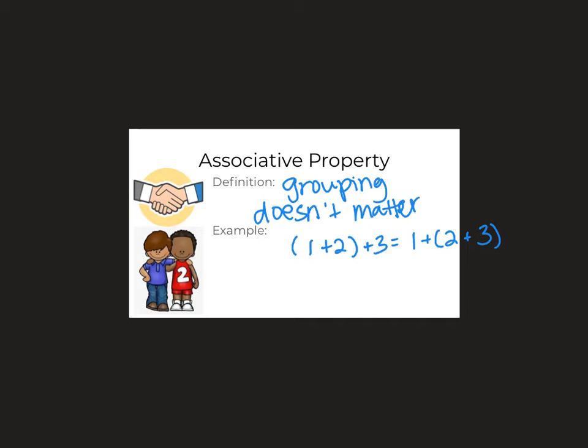And then also this does go for multiplication too, so we can just use the same numbers here. And when a number is right outside of a parenthesis with no space or anything in between, that does mean to multiply. So here the grouping does not matter. And if you want to pause and work these out, you'll see that you're going to get the same answers on both sides here. This is for multiplication and addition.